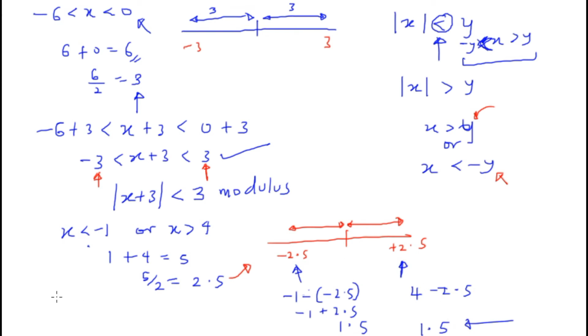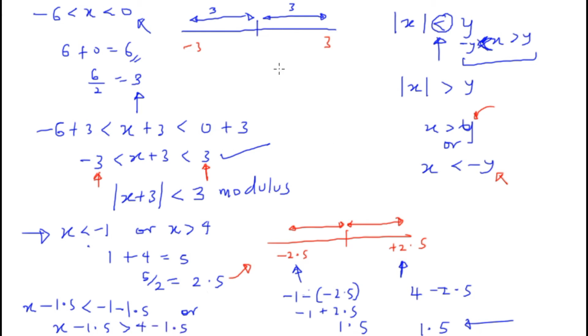So I will just need to subtract 1.5 from this inequality. So I will have x minus 1.5 less than -1 minus 1.5, or x minus 1.5 greater than 4 minus 1.5.